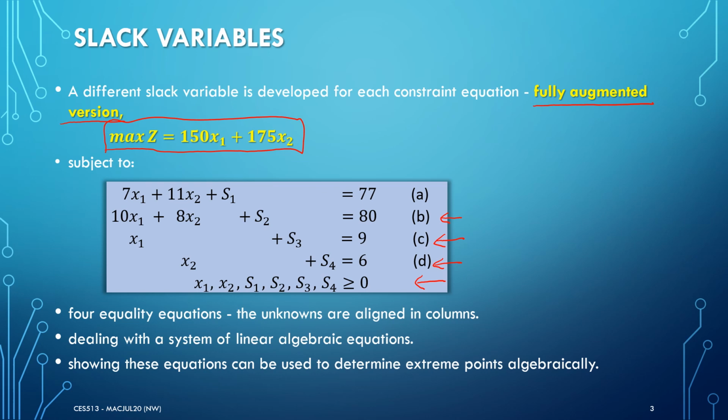Notice how we have set up the 4 equality equations so that the unknowns are aligned in columns. We did this to underscore that we are now dealing with a system of linear algebraic equations. In the following section, these equations can be used to determine extreme points algebraically.